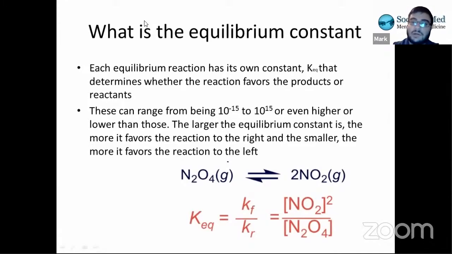So if we had an equilibrium constant like 10 to the 15th, that's a really big number, meaning that it favors the product very heavily. You'll reach equilibrium, but at equilibrium, there will be much more product than there is reactant.